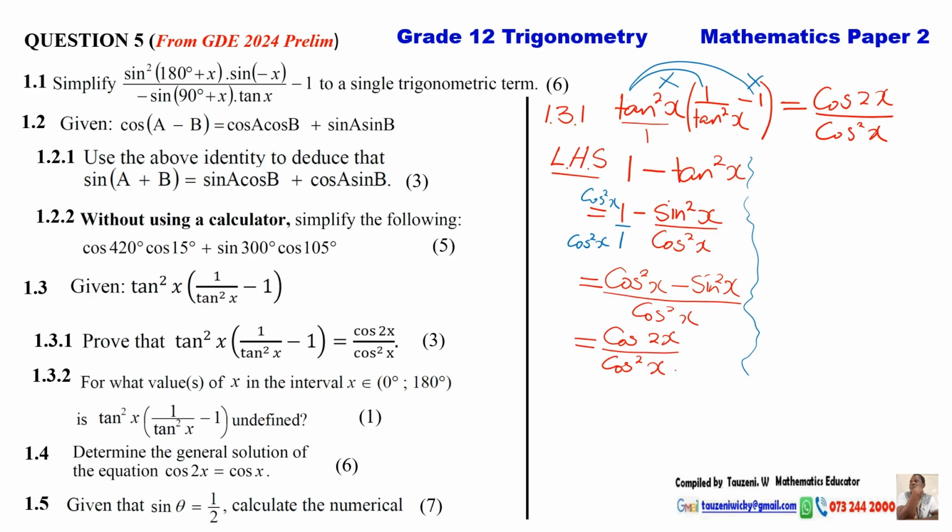Alternatively, we can also say that the expression, the left-hand side, tan squared x, then the two numbers that are in brackets, we can add them. So that will be 1 over tan squared x minus 1. This 1, we make the denominators the same by multiplying the top one and the bottom one by tan squared x.